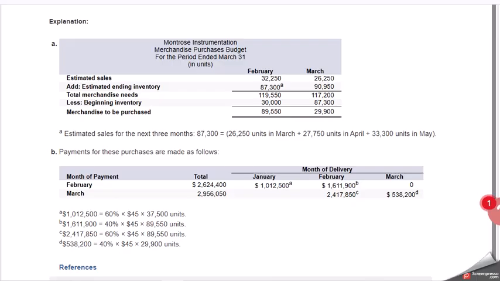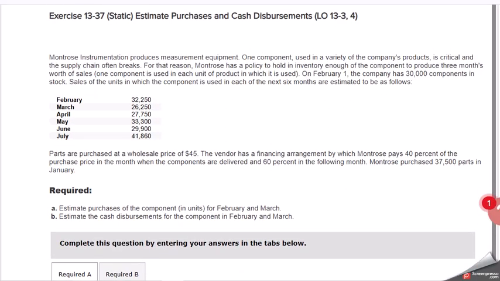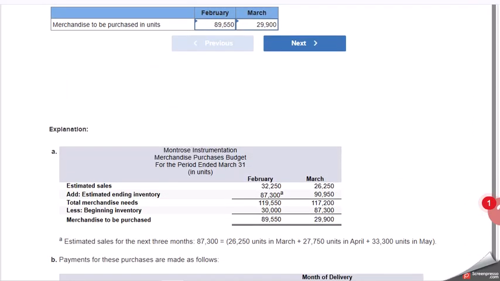So then for February, we're going to be paying the 40%. Let me go back up to the, so how they pay it is 40% of the purchase price in the month, 60% the month following. So then the 37,500 parts purchased in January, 60% of those would be paid in February.